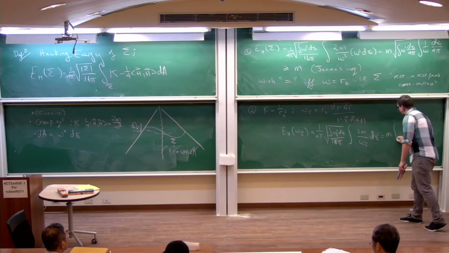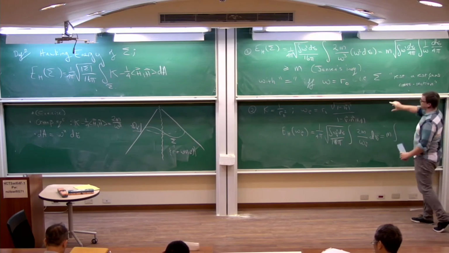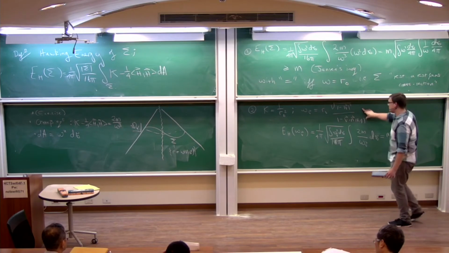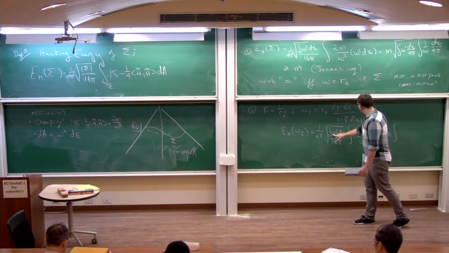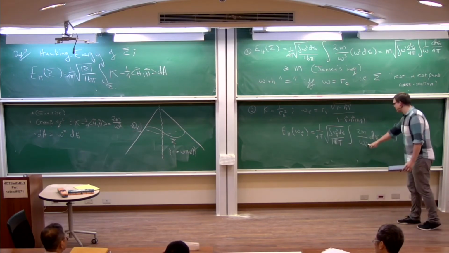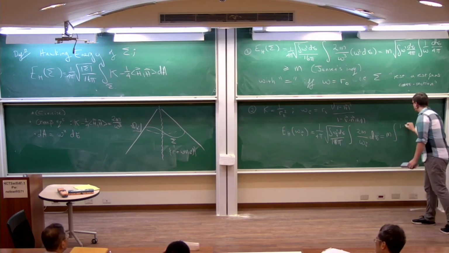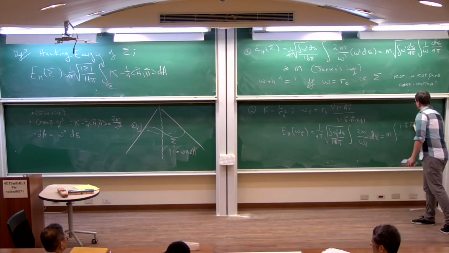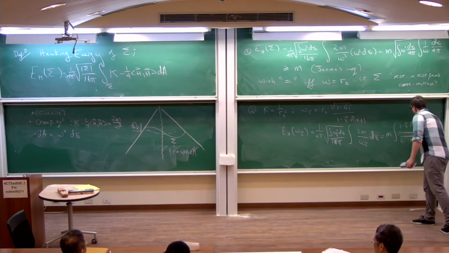And then I have the integral of just the inverse of this. Here we had a factor of r0 squared. That's going to cancel the r0 that comes from here. So what we end up taking an integral of is exactly this quantity, d sigma.